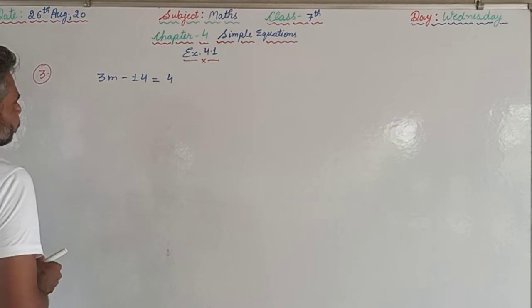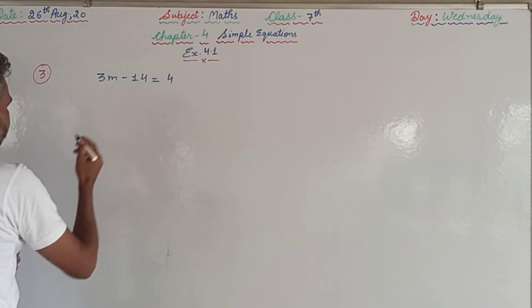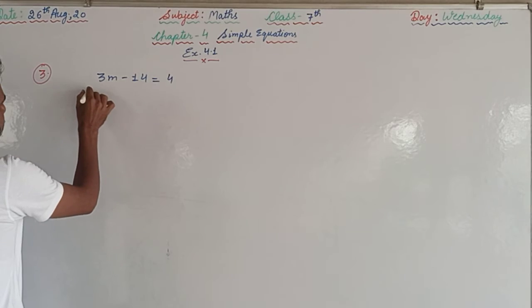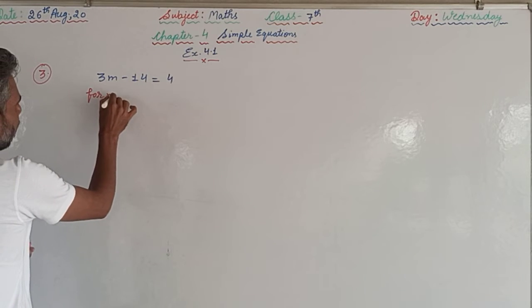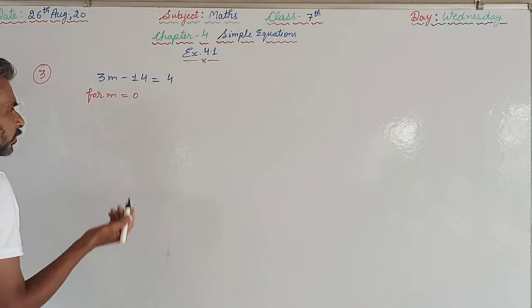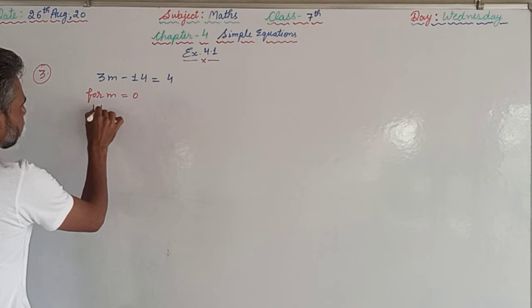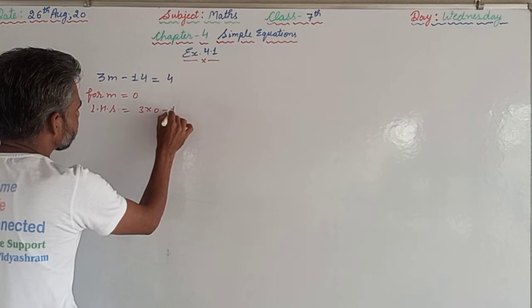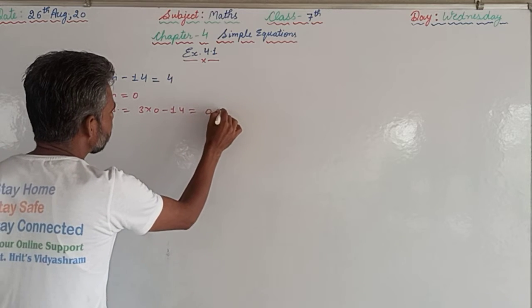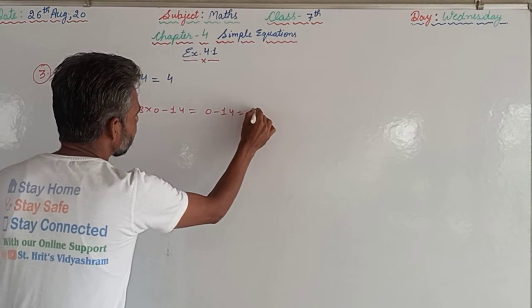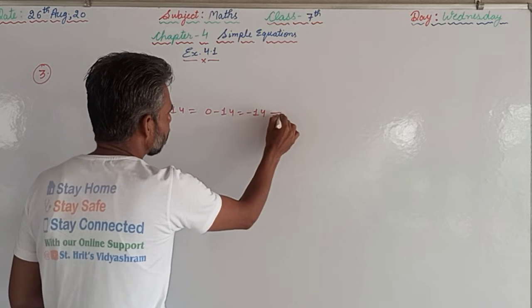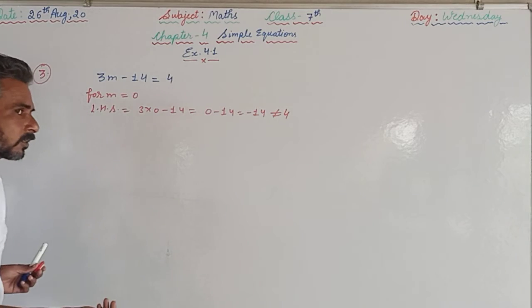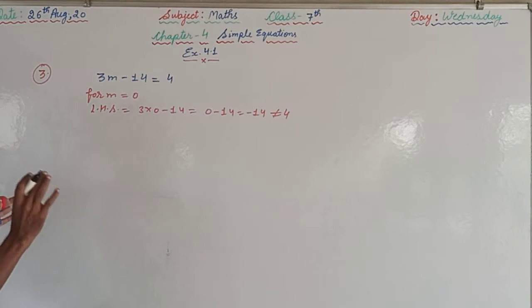So here we can take m is equals to 0. m को हमने 0 रख लिया. So left hand side will be 3 into 0 minus 14. 3 into 0, 0 minus 14 is equals to minus 14, and that is not equals to 4. Minus 14 is not equals to 4, so that is not the solution.